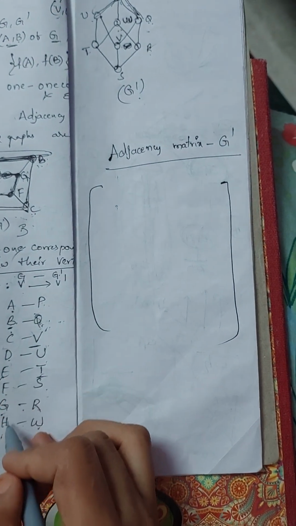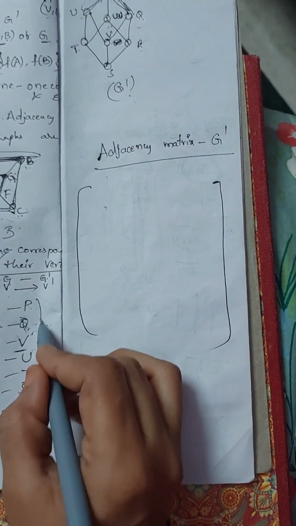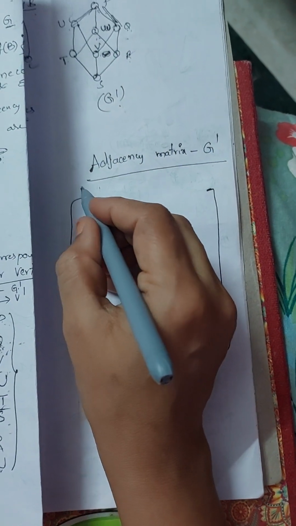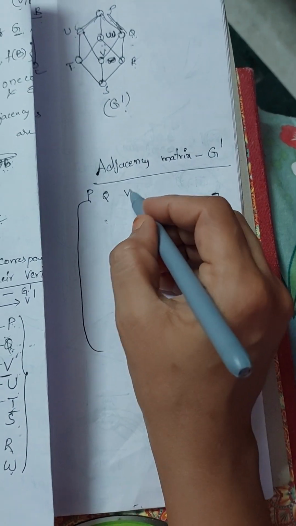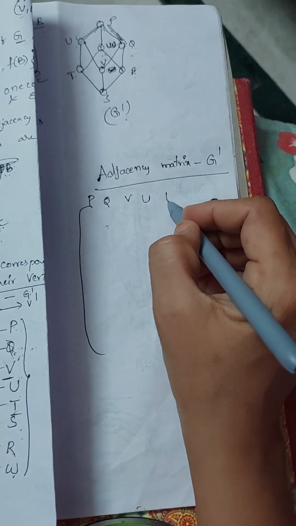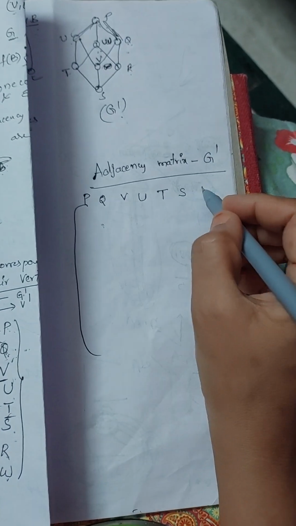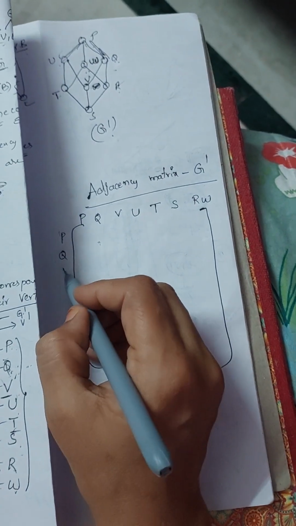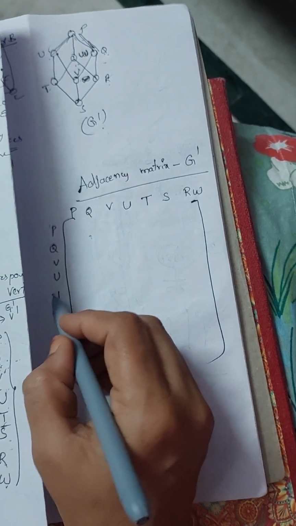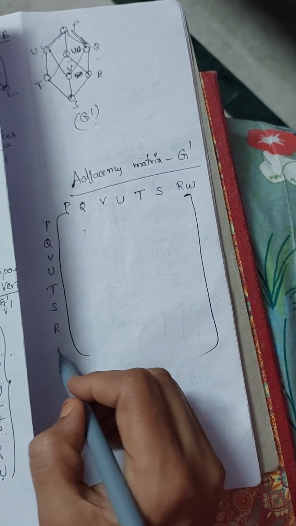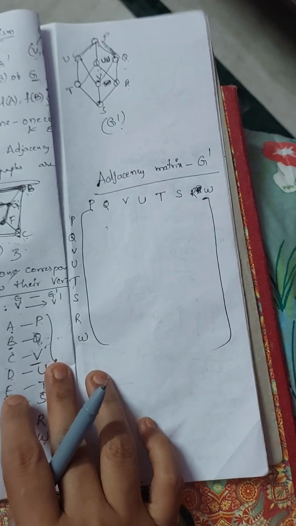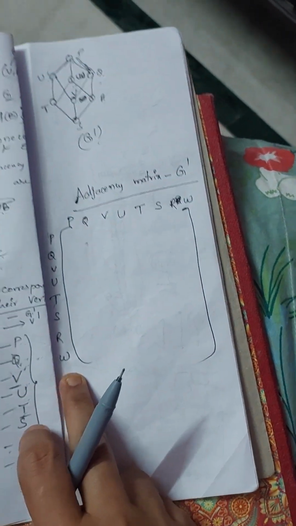Like A, B, C, D, E, F, G, H, we need to write the mapped vertices: P, Q, V, U, T, S, R and W.